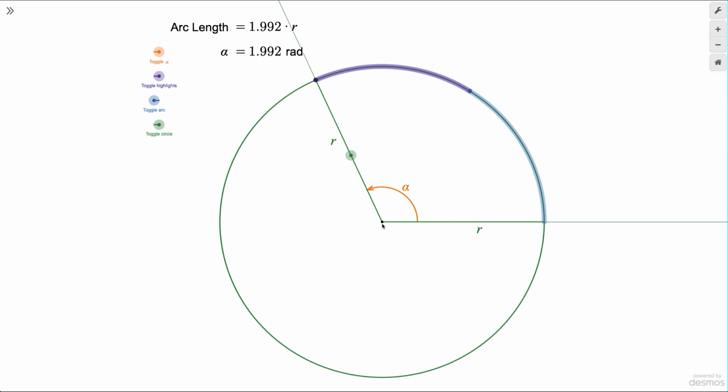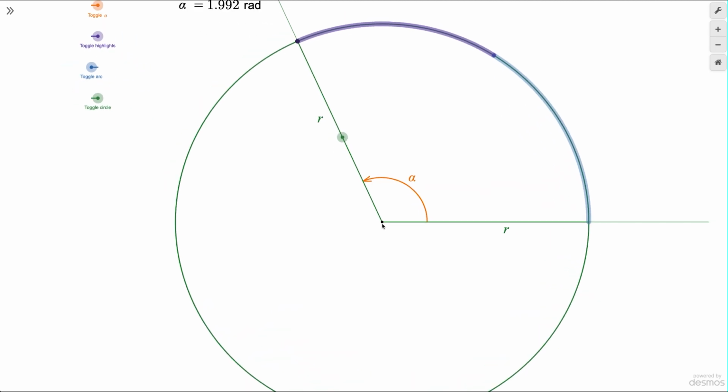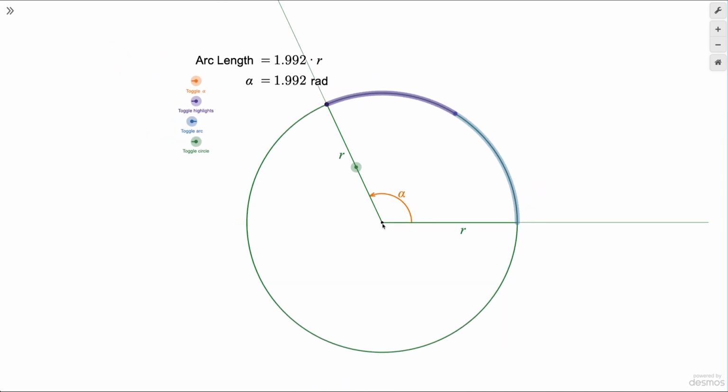If I shrink or grow the circle, the radius length and the arc subtended by the angle are going to grow proportionally. So that is a consistent angle measurement.